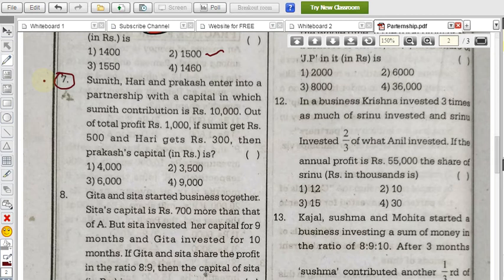So we'll get the share of each first. 500, 300. Out of the total profit of 1000, if Sumit gets 500 and Hari gets 300, surely the one more person must get 200, because 500 plus 300 plus 200 is 1000. So directly we can take the ratio Sumit, Hari and Prakash.